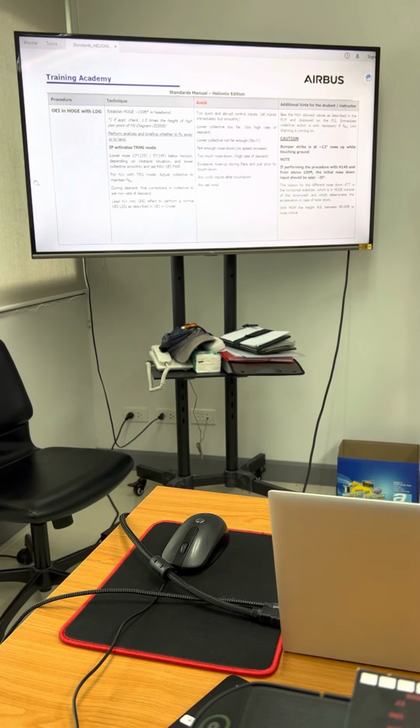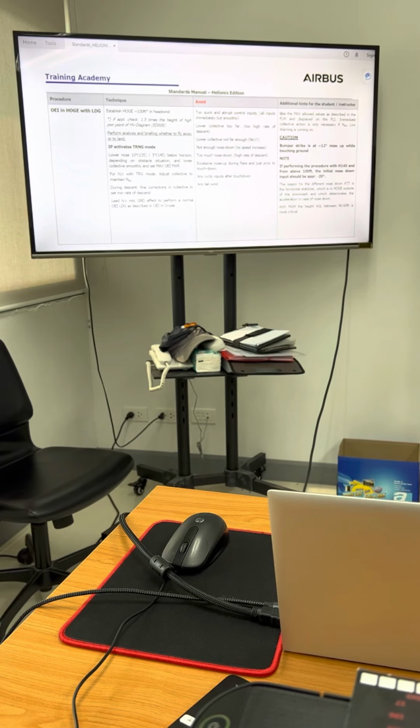So OEI out of ground effect above the takeoff, okay? So exactly the same as on VTOSS, on VTOL 1 or 2, okay? So what we have to do to join the ground?